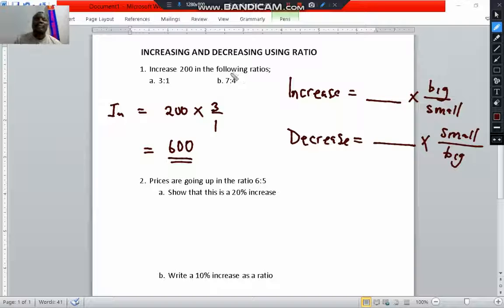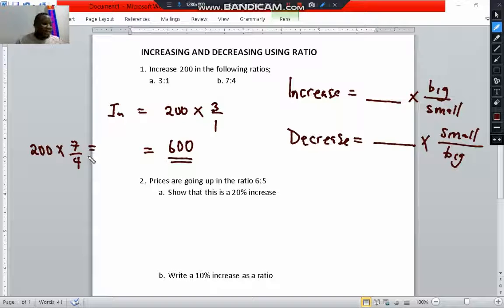To answer part B, we increase 200 in the ratio 7:4. The same is the case: the quantity that we've got, which is 200, multiplying big over small, 7/4.